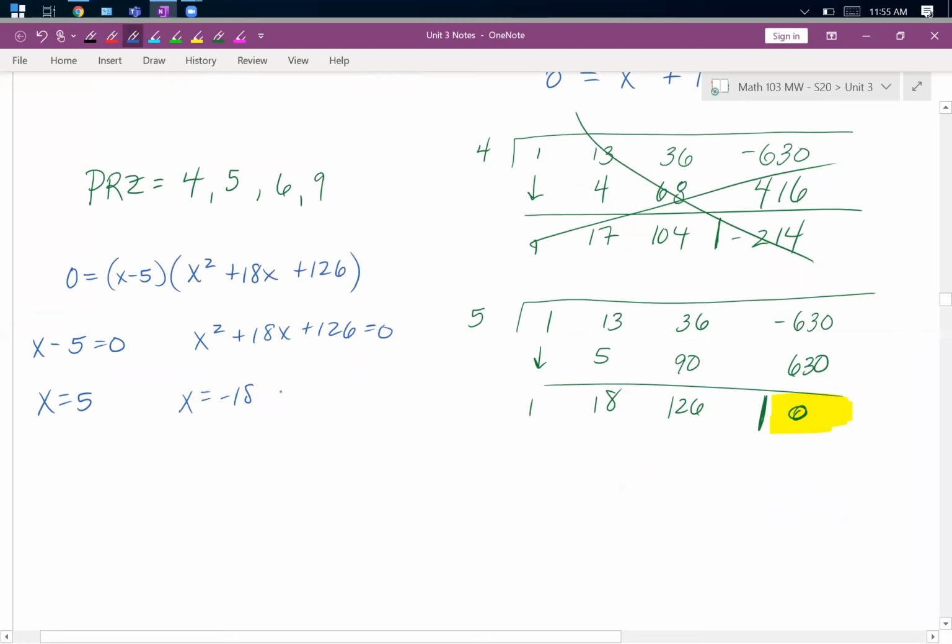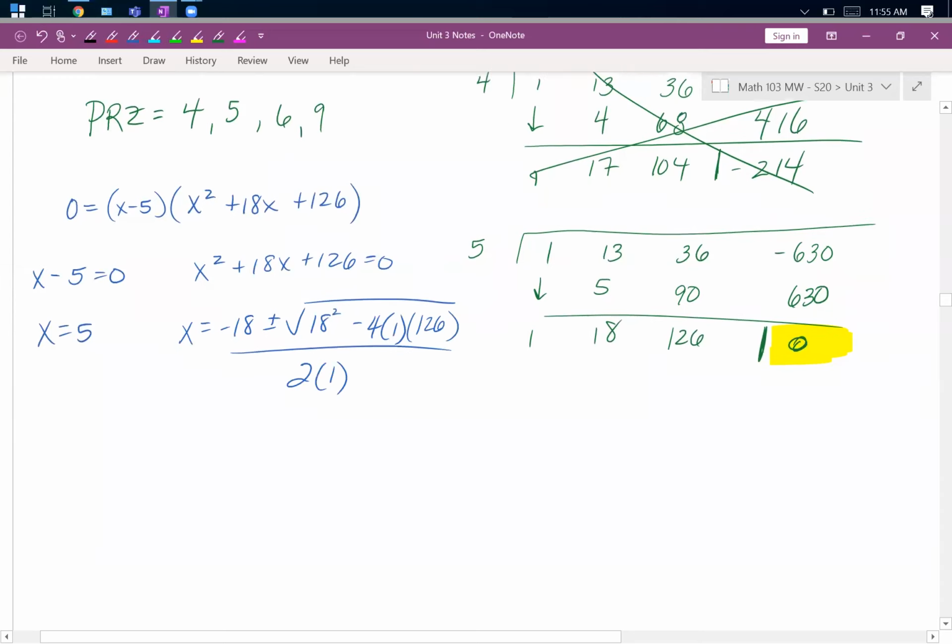Negative 18 plus or minus the square root of 18 squared minus 4 times 1 times 126, all over 2 times 1. Somebody have a calculator handy? They can do that part underneath.